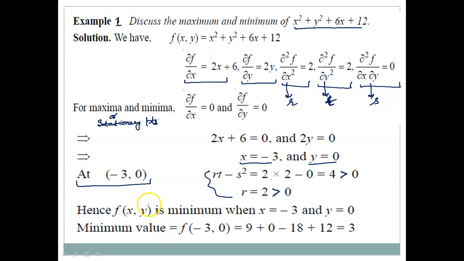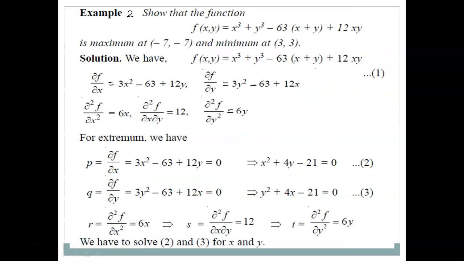That means at the point (minus 3, 0), f of (x, y) has a minimum, and the minimum value of the function at this point is obtained by substituting x equal to minus 3 and y equal to 0 in the function. So f of (minus 3, 0) gives 9 plus 0 minus 18 plus 12 equal to 3. So this is the minimum value of the function.